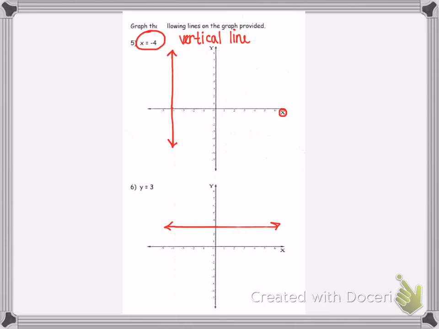So the graph of any y equals linear equation is always going to be a horizontal line, which you can remember a couple different ways. You can just remember to graph a point on that axis and not go through the axis itself, or you can remember it's the opposite of our y-axis, which is vertical.